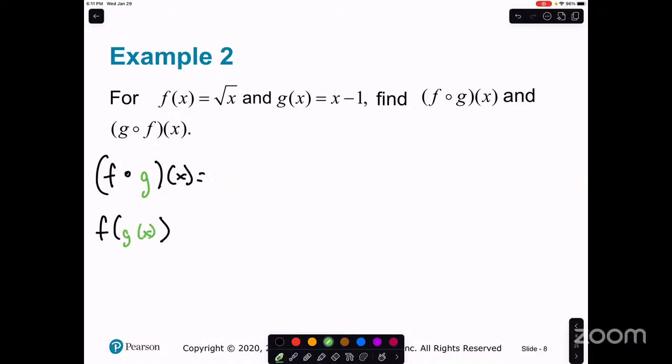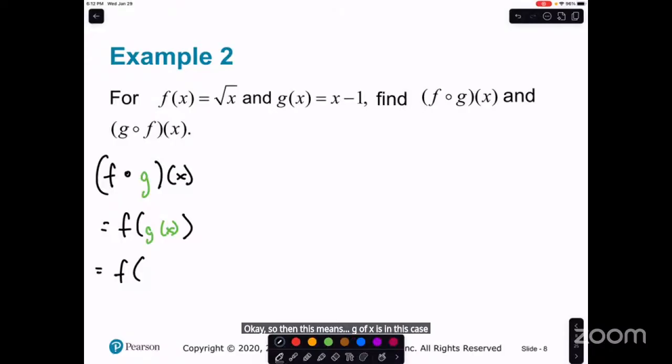Okay. So then this means G of x is, in this case, x minus 1. Then our f of x is the square root of x, so we would say the square root of x minus 1.